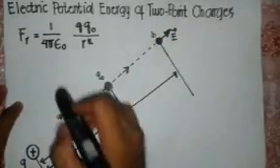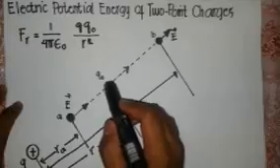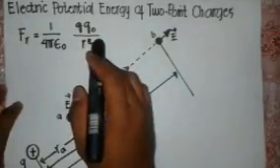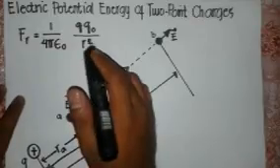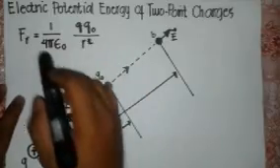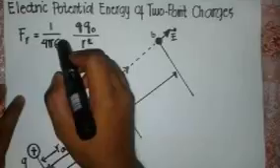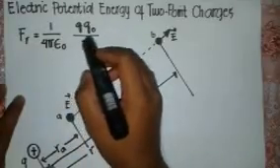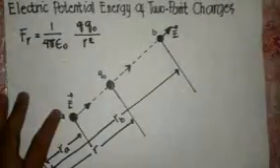So the force on q naught is given by Coulomb's law and its radial component. So it is equal to 1 over 4 pi epsilon naught, q q naught over r squared.